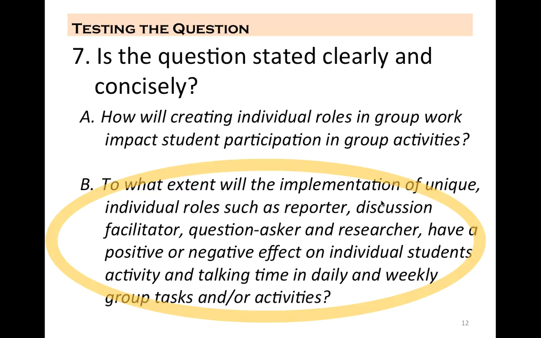This question is clear and concise because I am able to answer the 7 questions that we just reviewed. The best way to find out if your question is appropriate is to ask others what they think about your question.